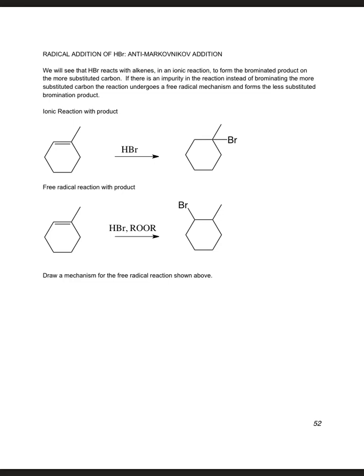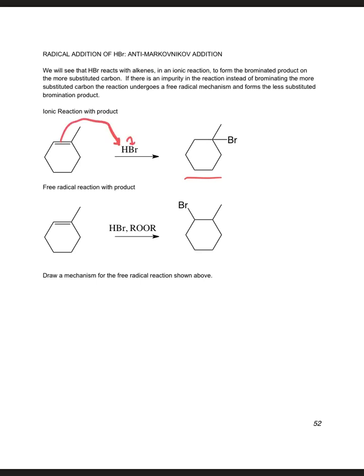Radical additions to HBr, we'll touch on this for now, and then when we get into chapter 8 later on, this will be one of the reactions we'll do a lot of when we get there, okay? But in an ionic reaction, the bromine goes to the more substituted carbon because the pi bond is the nucleophile.